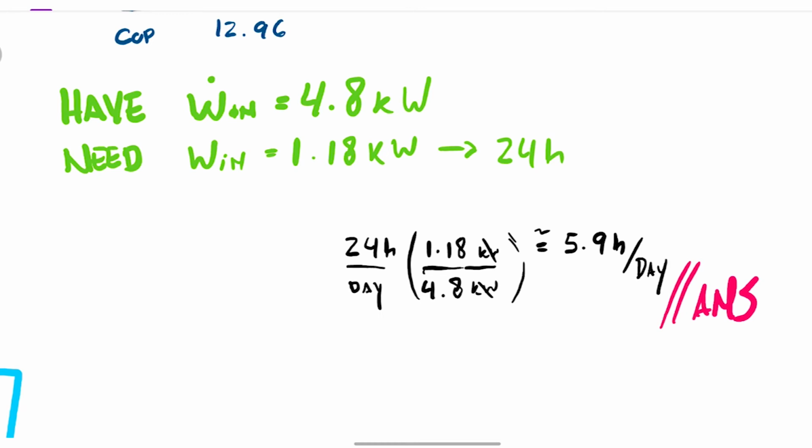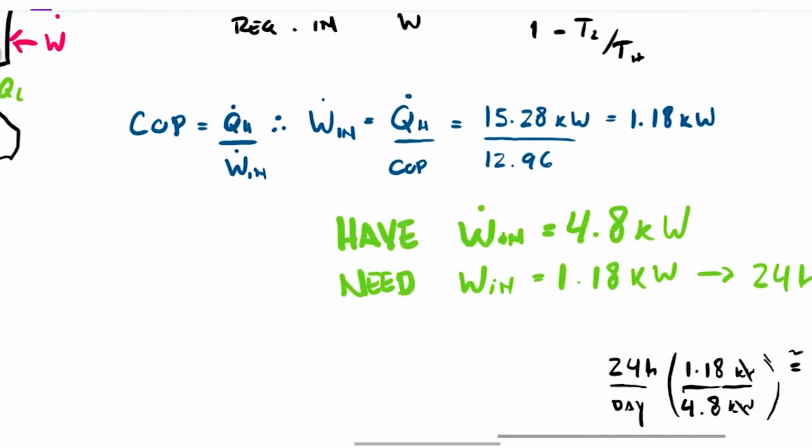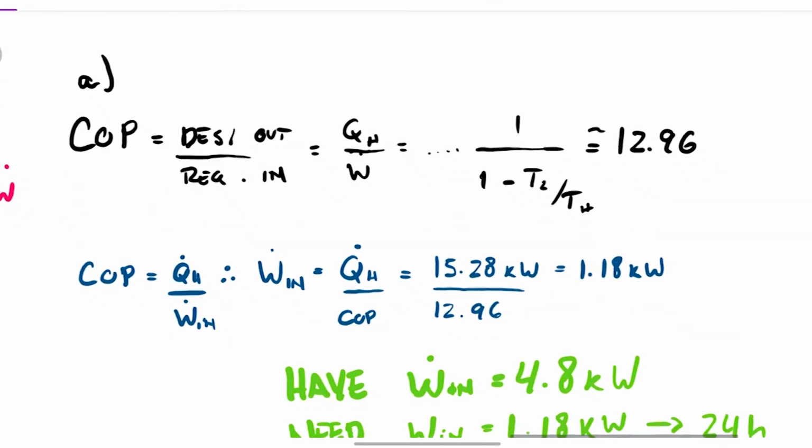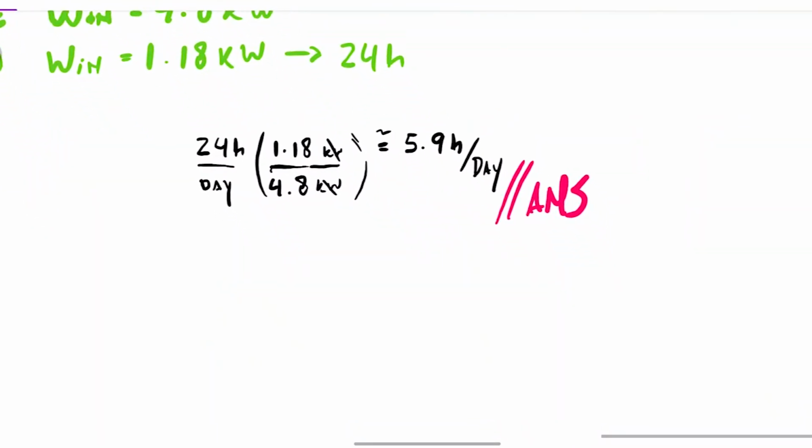And then obviously, if we want to close it off, so this was part A. If we want to close it off with part B, which is what's going to be the cost, then there's two ways of going about this that might be intuitive. First way is, okay, I have this device, and if I need to use electricity, then this is going to cost me $40 per day.